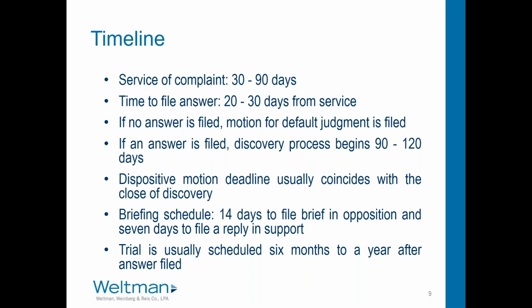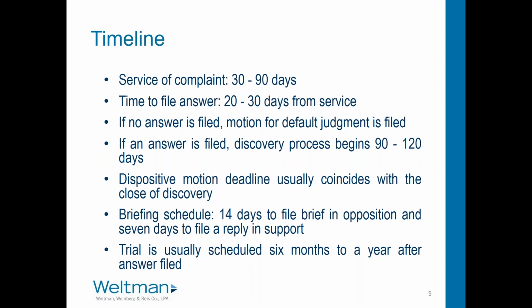If an answer is filed, though, you're probably moving forward with discovery. Again, that can take quite a while. The court might set deadlines. The court might not set deadlines. In that case, discovery doesn't begin or really end until the parties figure it out for themselves. Either way, at the end of discovery, that is where there's usually a dispositive motion deadline.